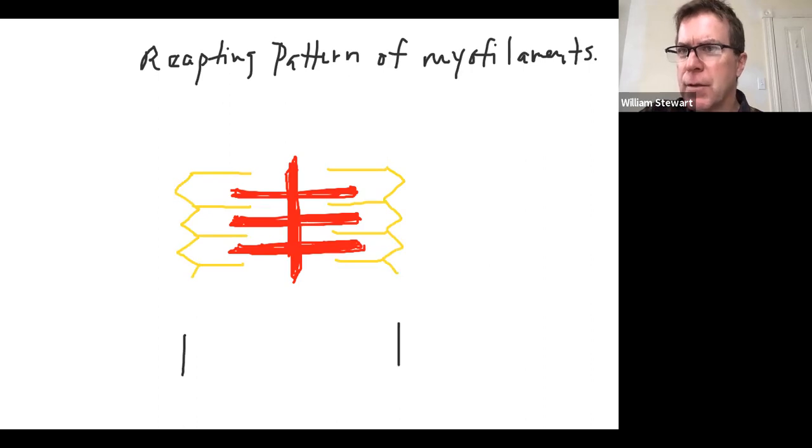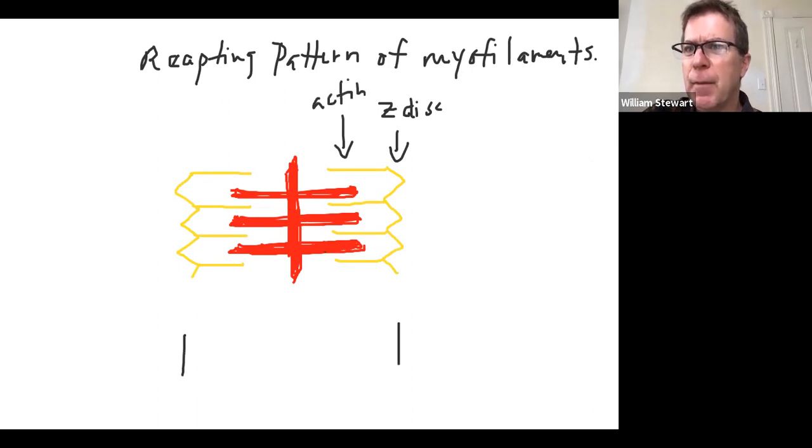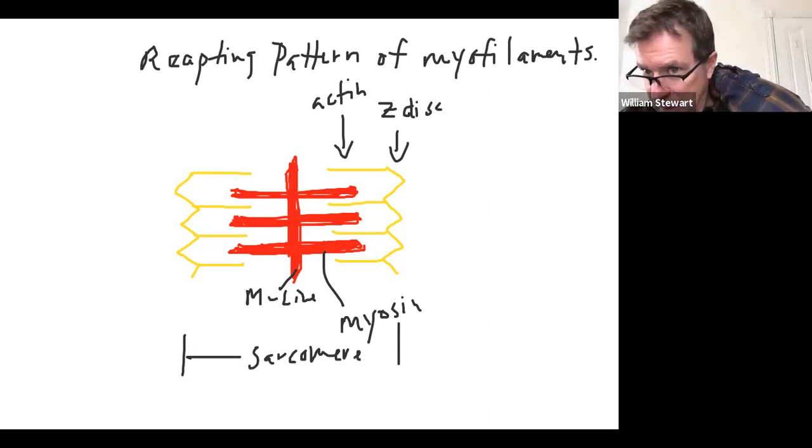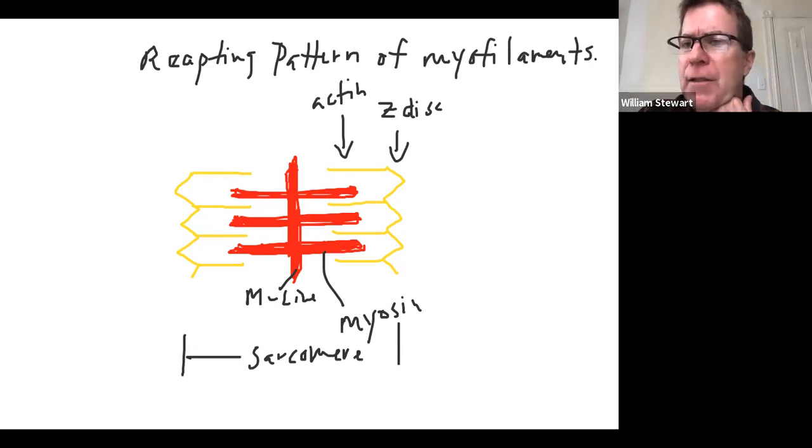You can see why, because it looks like a Z. That's the Z disc. This is actin, the yellow horizontal lines. This is myosin. This is the M line. And one sarcomere goes from one Z disc to another that includes basically 2 sets of actin molecules and technically 2 sets of myosin molecules, one on this side and one on this side.